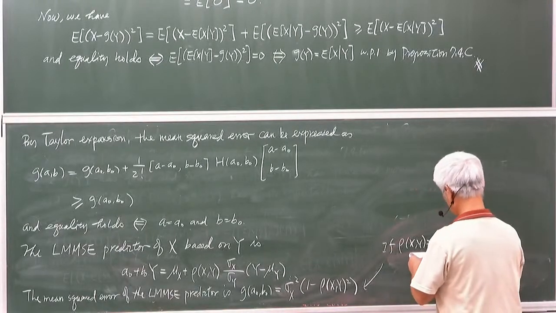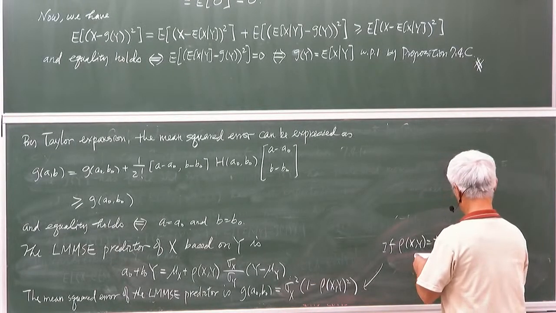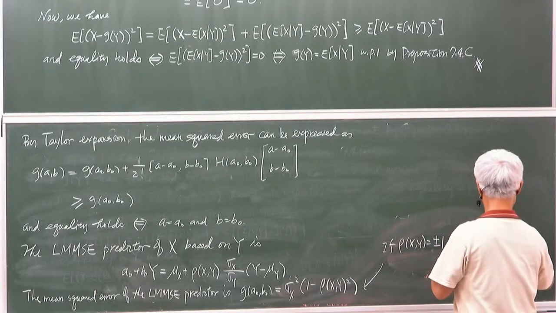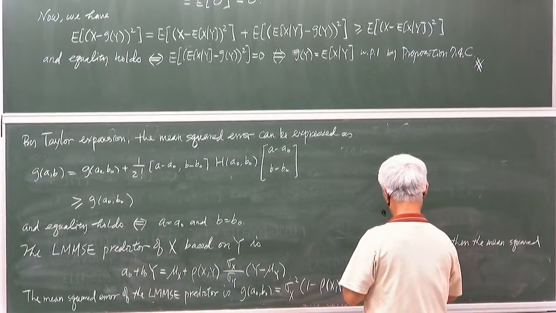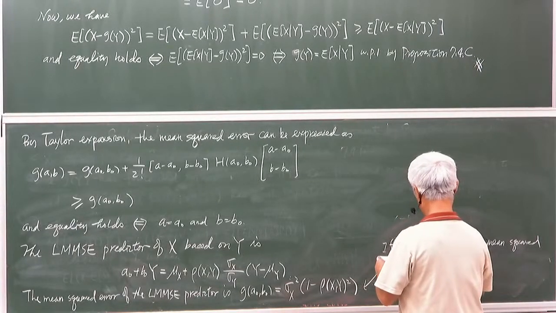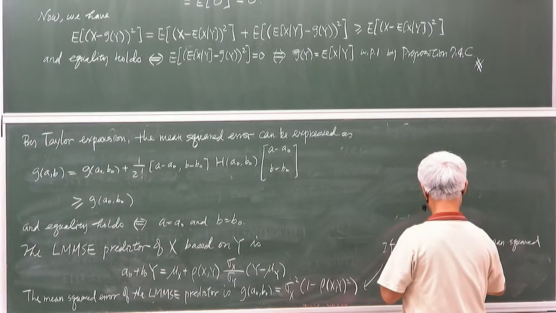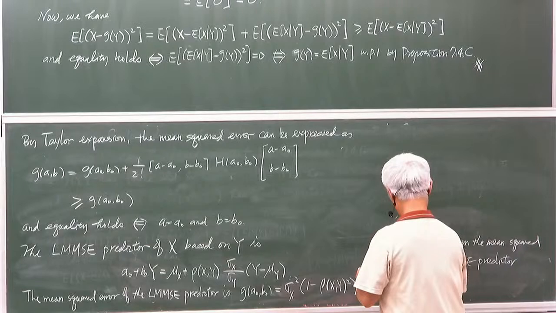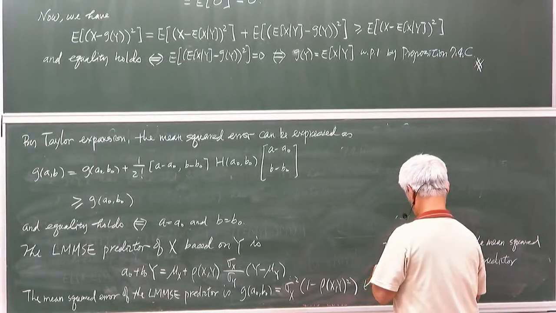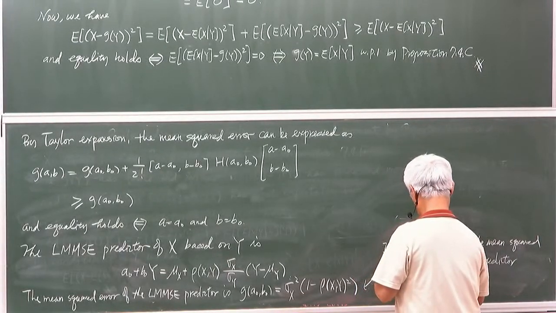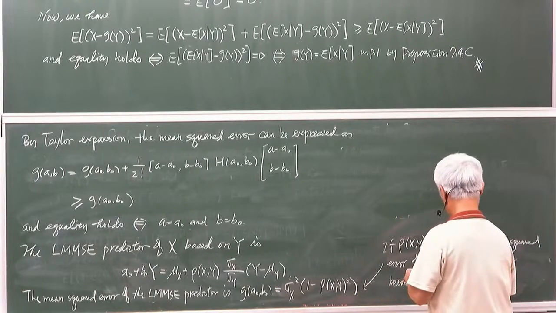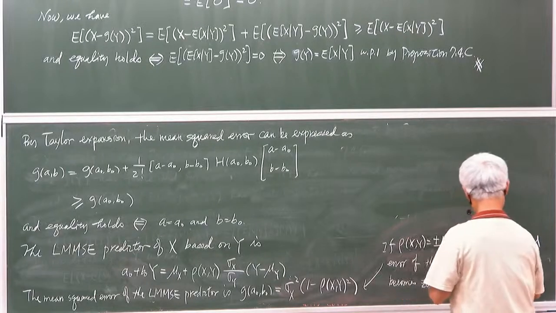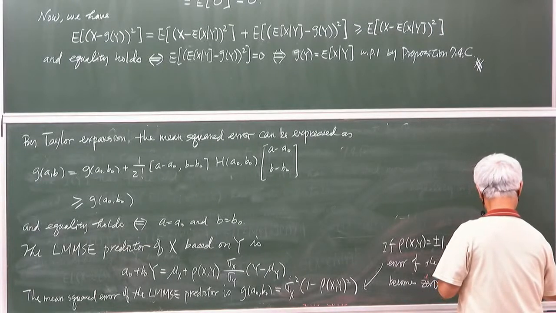In this case, the mean squared error of the LMMSE predictor becomes 0, so that we have a perfect predictor.